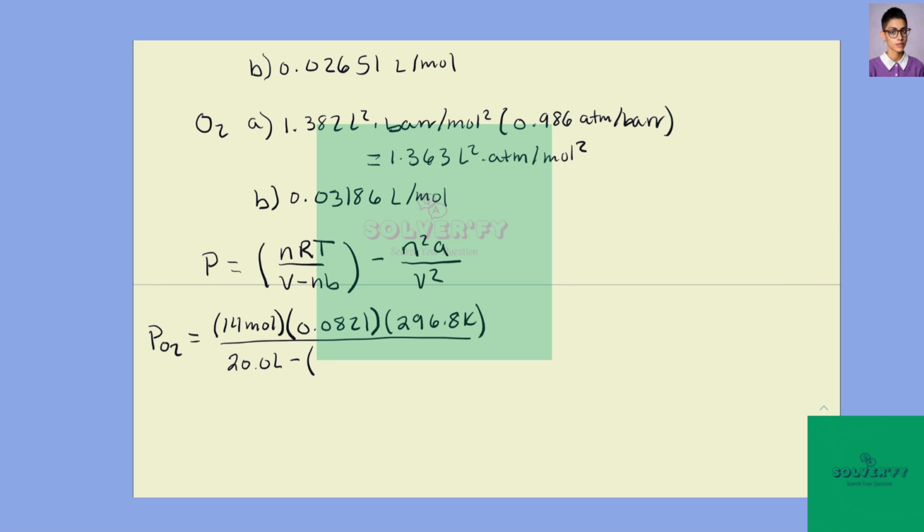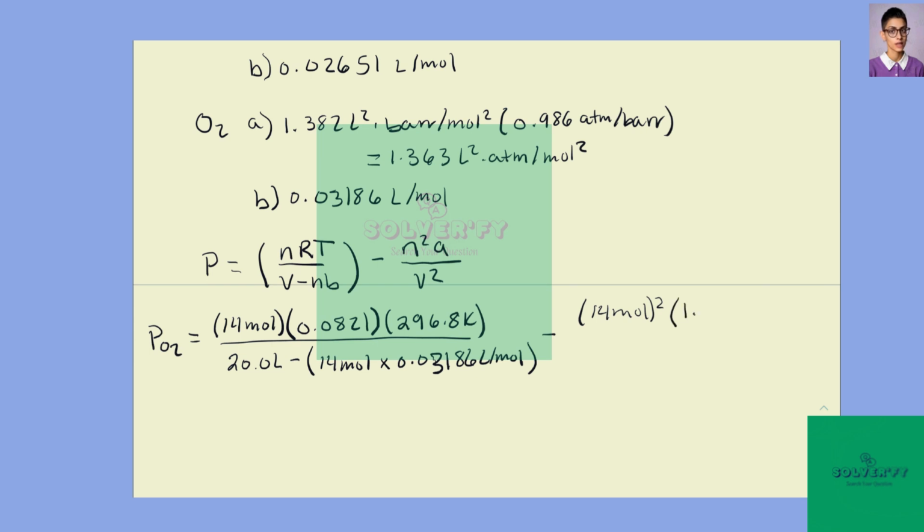And we're going to minus our 14 mole times our B value, which is 0.03186 liters per mole. And then we're going to minus 14 mole squared. Make sure that you square the mole, just so that way the units will cancel out.